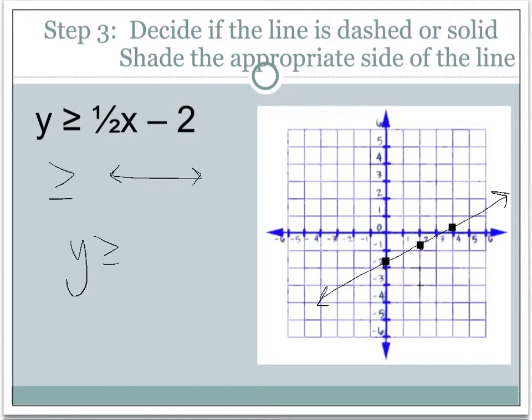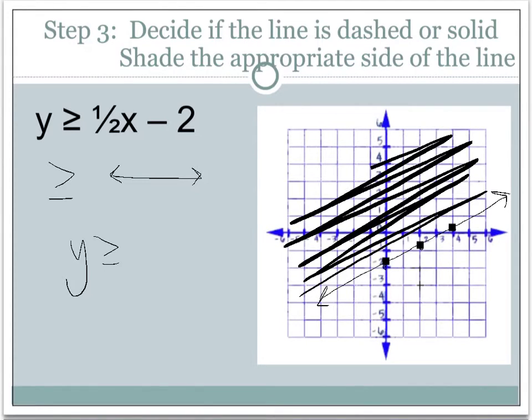And so if I look at this line here, I want to shade above it. So that's going to be anything that's going to be in this direction. So I'll take my pencil and I will shade all of these points that are above the solid line that I graphed.